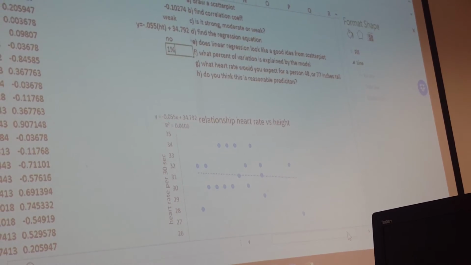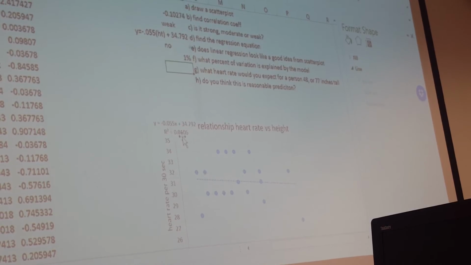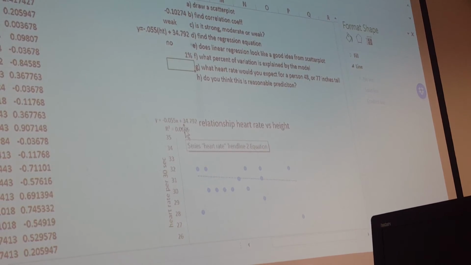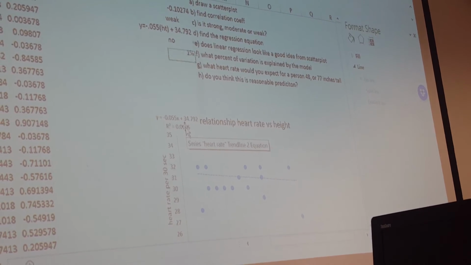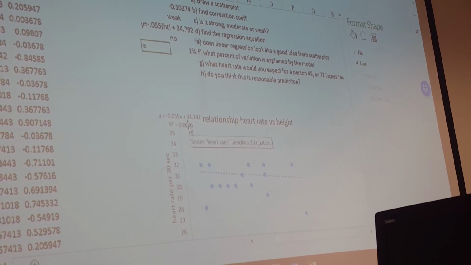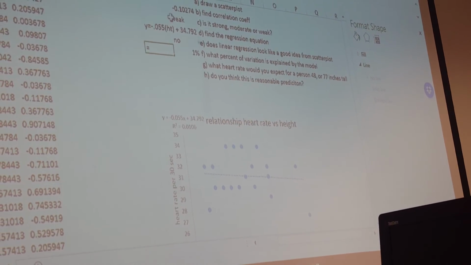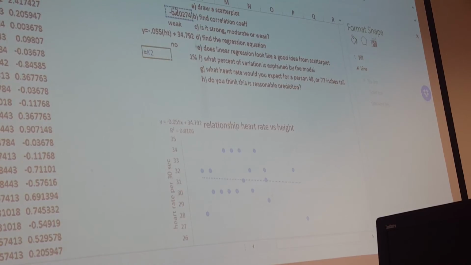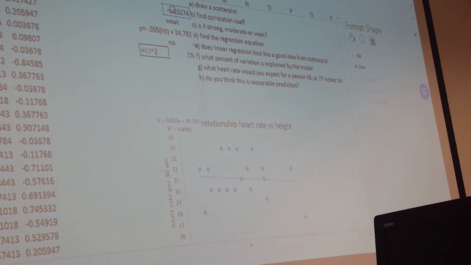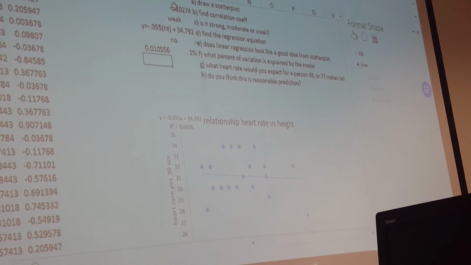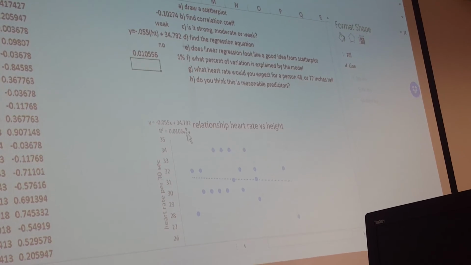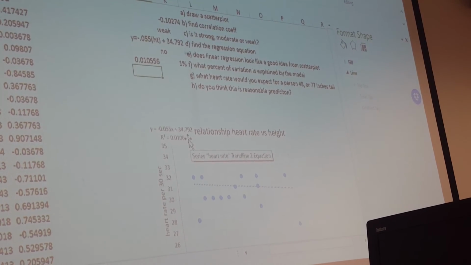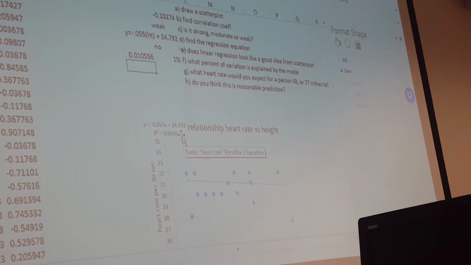The R squared value. How do you find the R squared value if it's not on the chart? You take that number there and you raise it to the second power. You get the exact same value as we got right here, 0.0106. So R squared is the percent of variation.